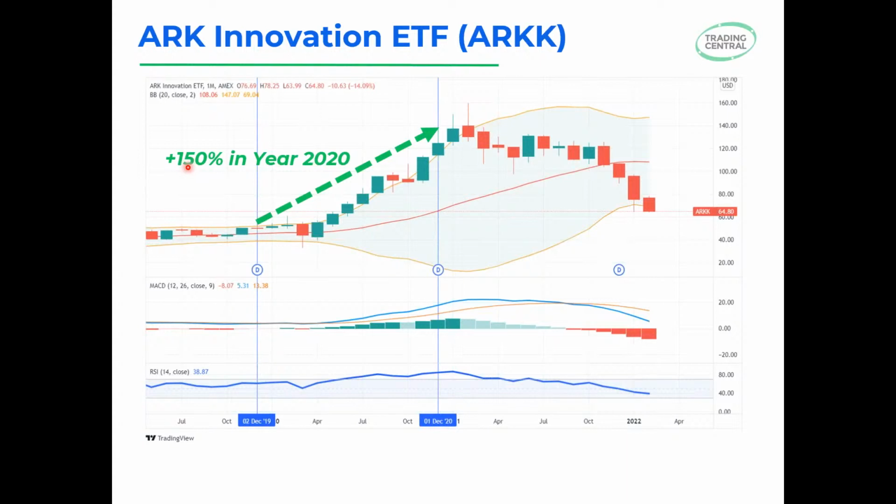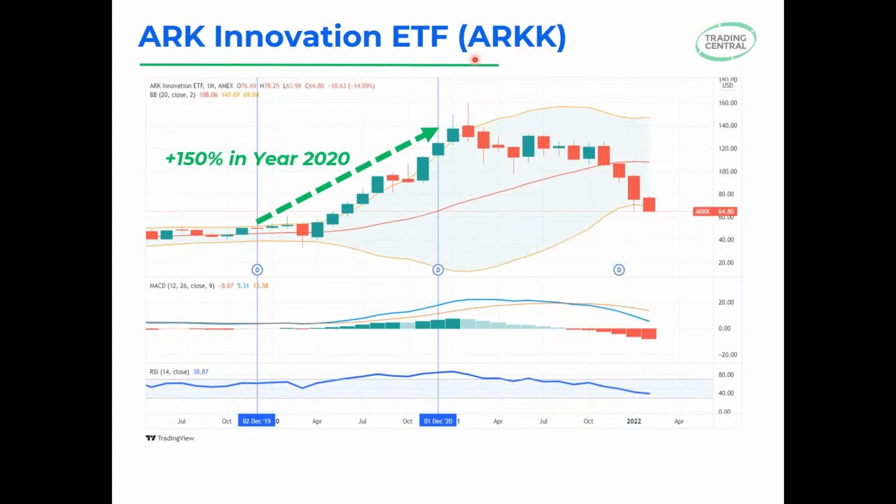Ark also had some other ETFs, like the Ark Web ETF, which is about web-based companies, and some ETFs on biotechnology. They were doing extremely well back in 2020.